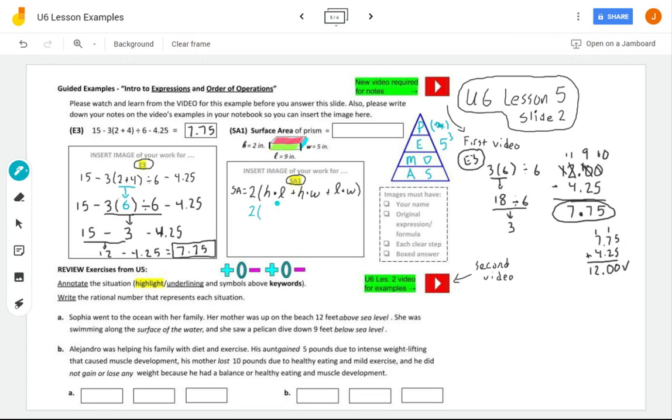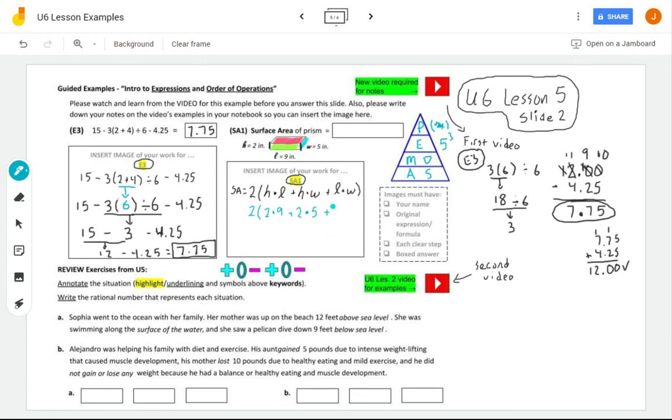H is 2, L is 9, so that's 2 times 9. H is 2, and W is 5, so that's 2 times 5. And make sure that you're being careful with putting a dot that's in the middle. If you can't find a dot that's in the middle on your keyboard, it's okay just to put an X, but don't put a decimal because these are not decimals like these numbers over here.